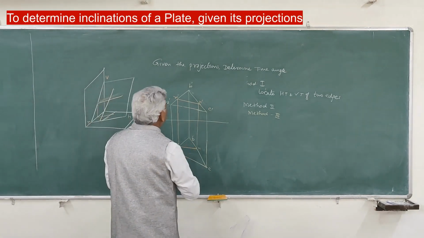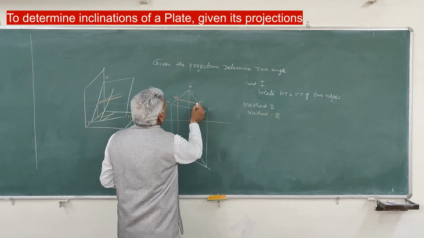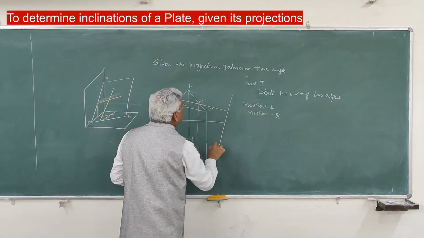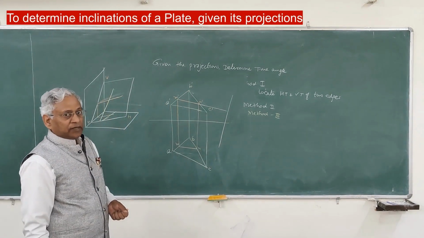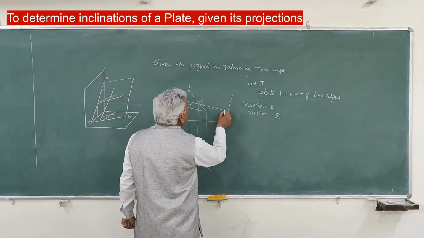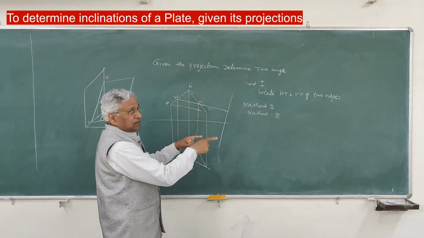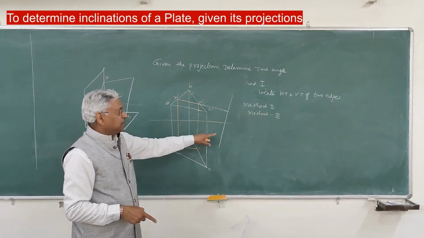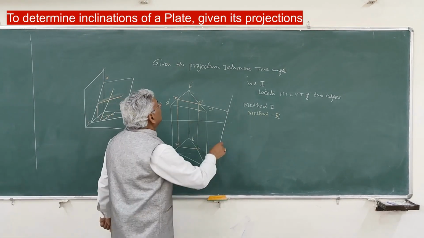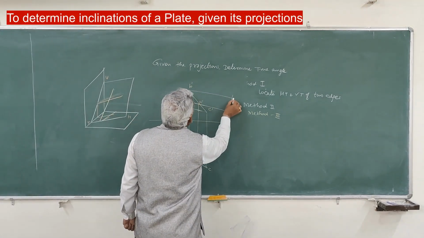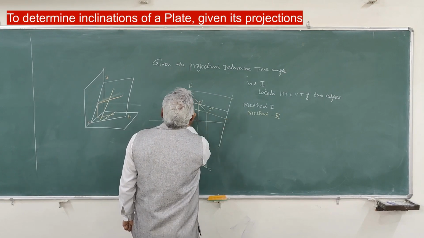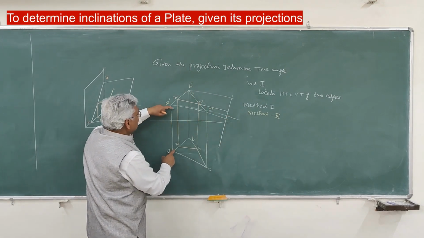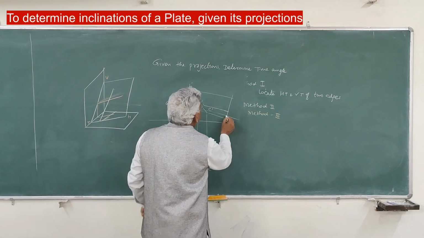Now you consider a plane perpendicular to this true length, so that you get the plan of this ABC as a line. I just explained that to you. You take this distance for A, this is for B, this is for C.